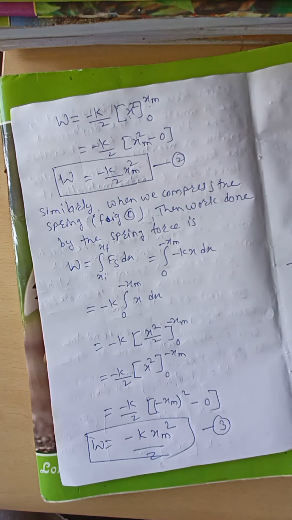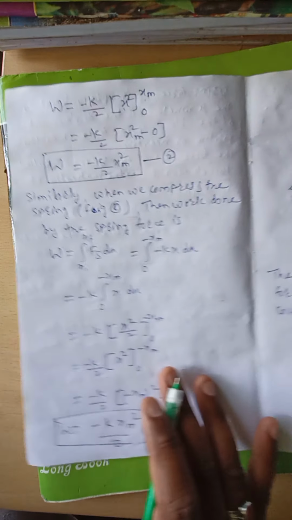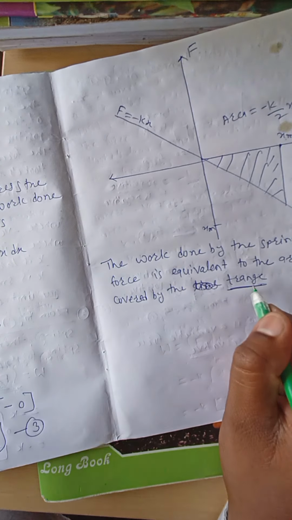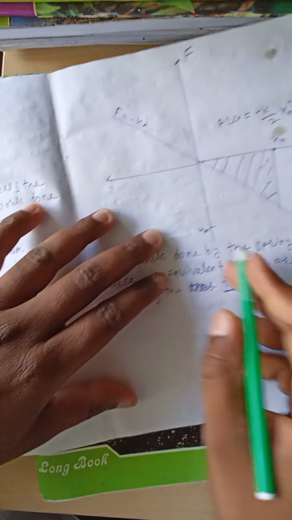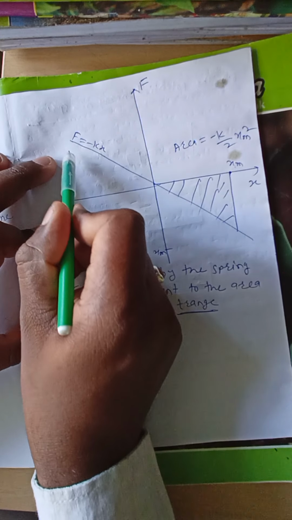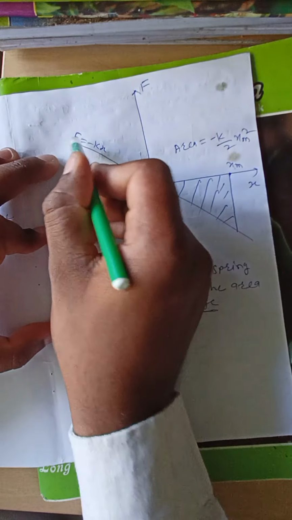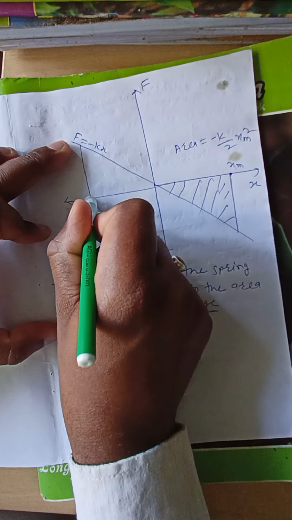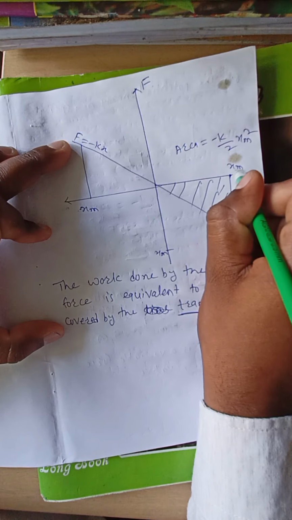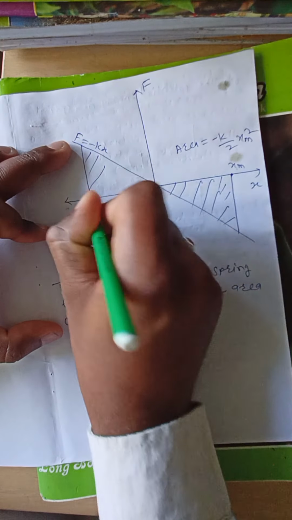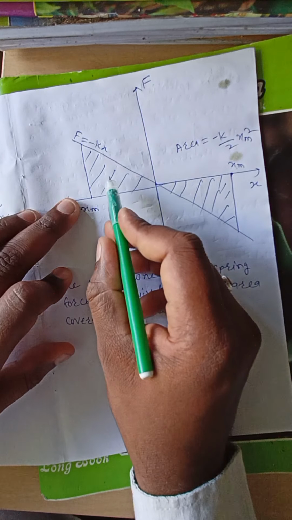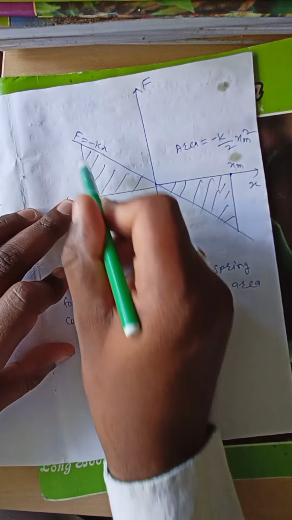Therefore the work done by the spring force is equivalent to the area covered by the triangle, when force is F equal to minus kx. Similarly here, this is x, this is xm, this is minus xm, therefore the work done is the same, equivalent to the area covered by that triangle.